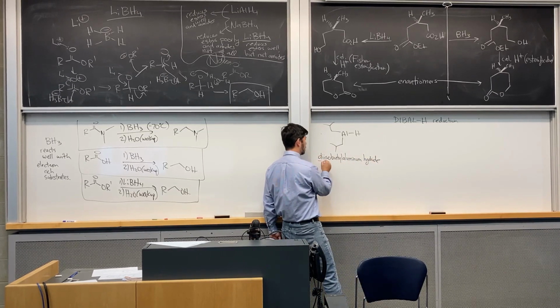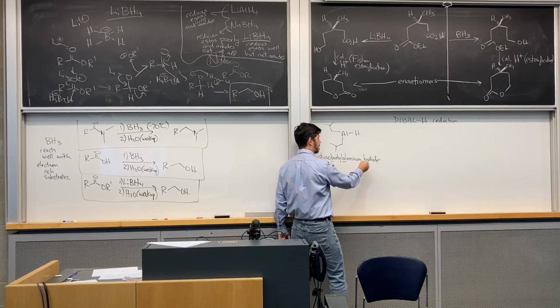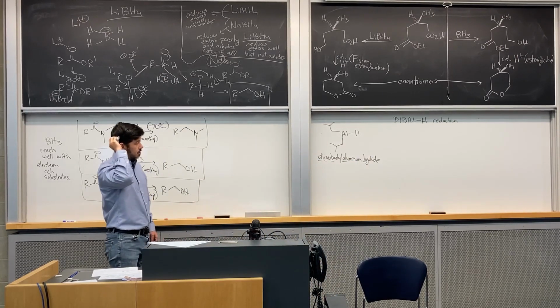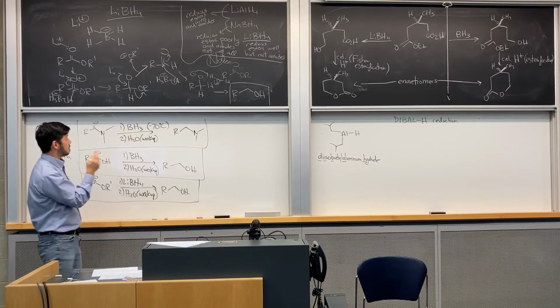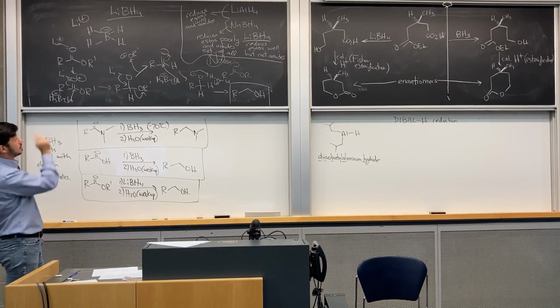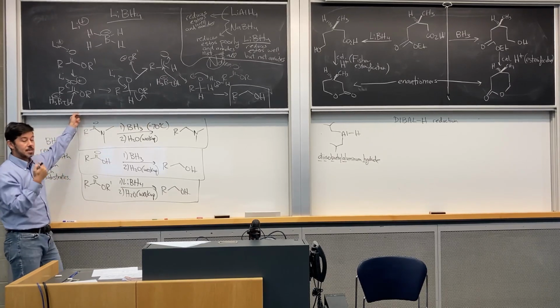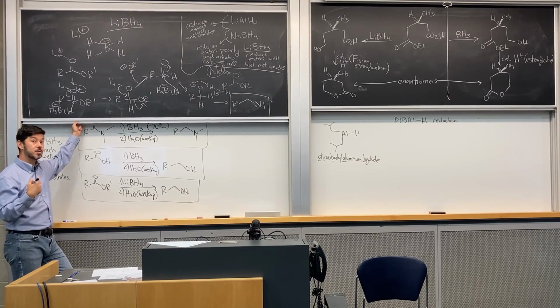So the DIBAL comes from that, and sometimes it's abbreviated as DIBAL-H. Okay, so DIBAL reduction is quite interesting because during this whole process here, I wonder if I have an example of it. I do. What you've seen with esters and amides is that it actually goes through 2 rounds of reduction.